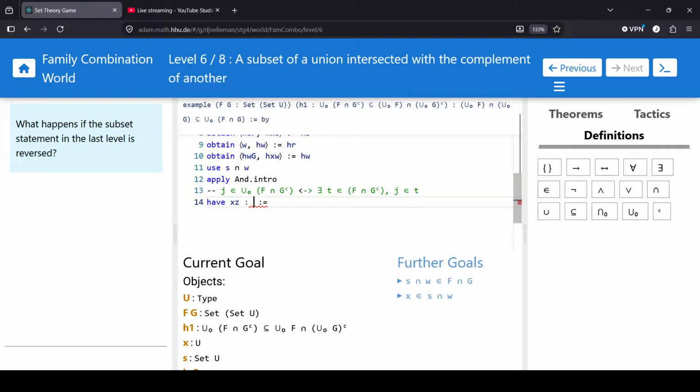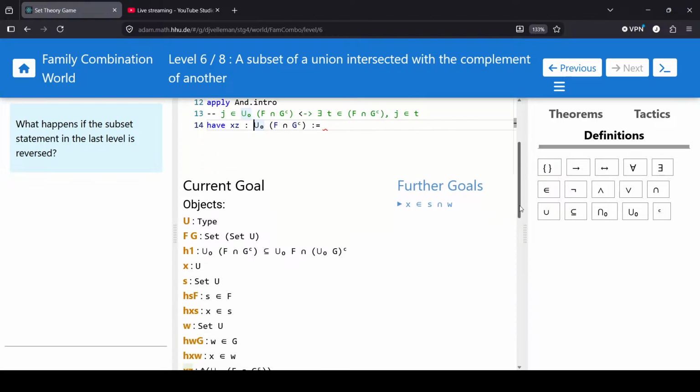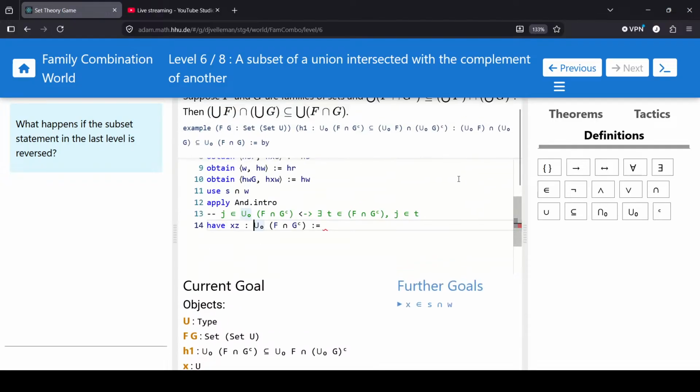Well, it needs something to be a member of this too, right? It can't just be that. I need a member. But like what?